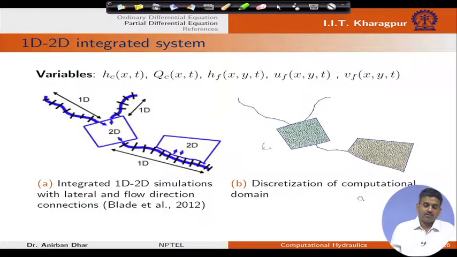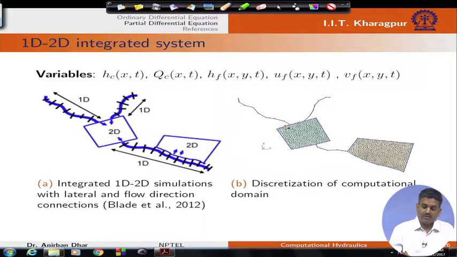And if you are talking about 1D, 2D integrated systems like our 1D channel flow situations, we can define either internal or external boundary conditions, internal boundary conditions in terms of junction conditions, and surface flooding situations, and we can define the boundary condition for this area, either flux boundary or no flow boundary, and this condition is actually your channel flow condition.